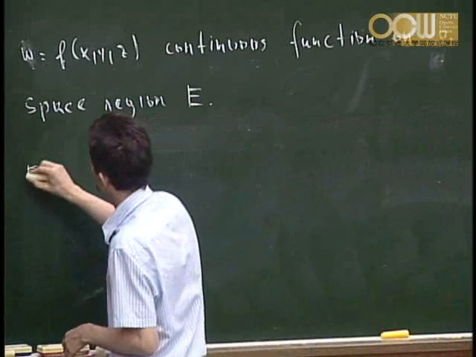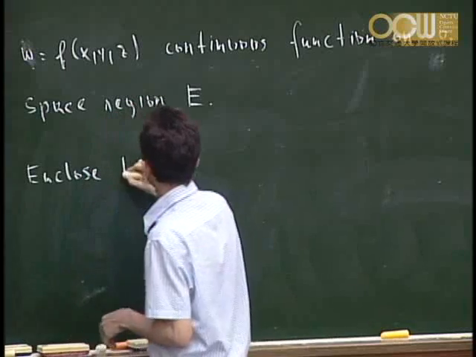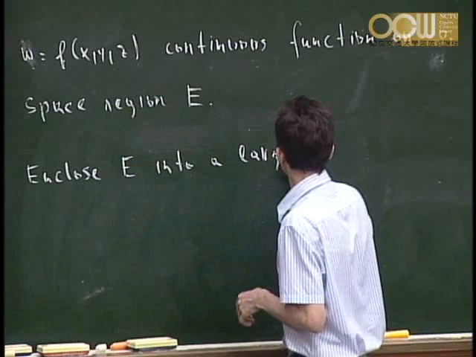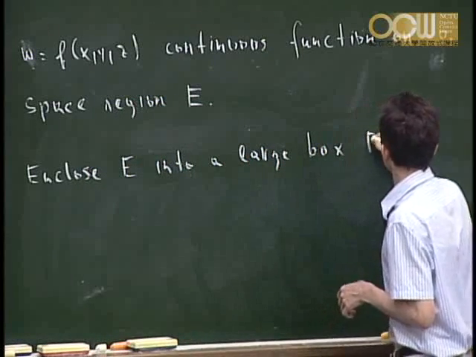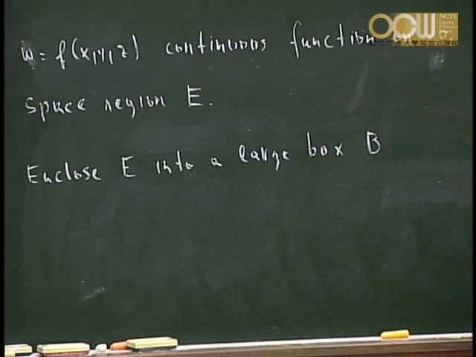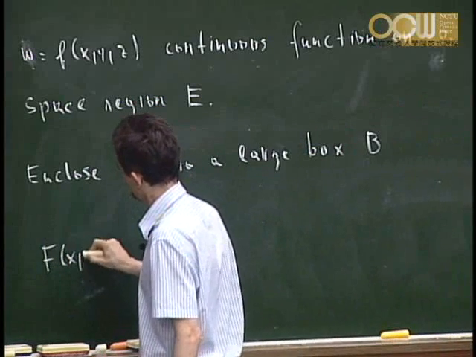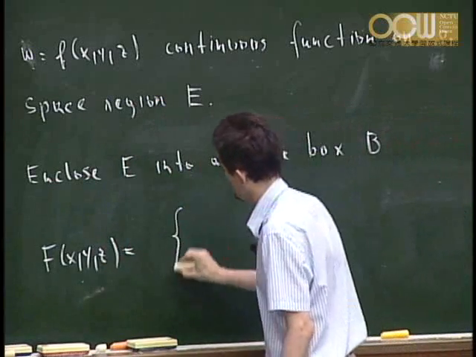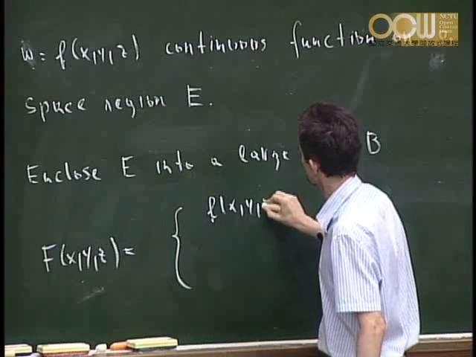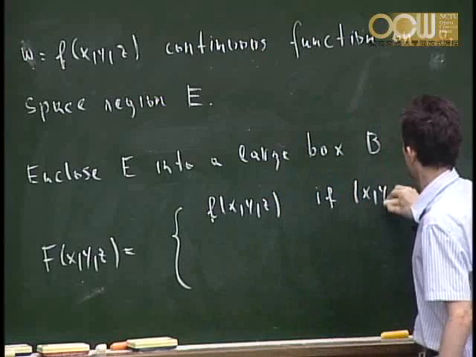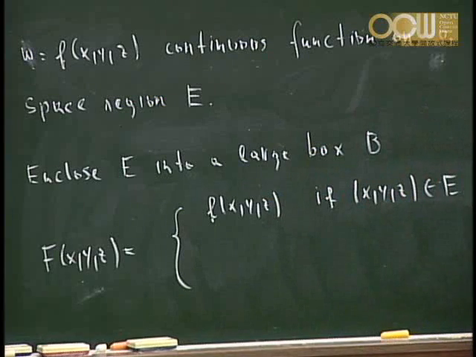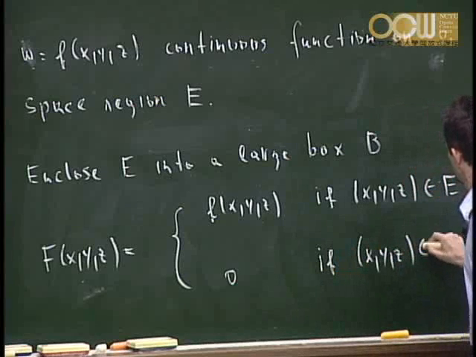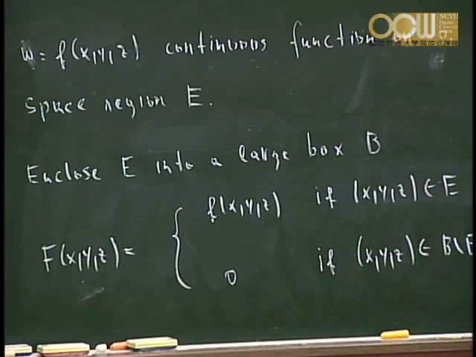So enclose E into a large box. And then define a new function, capital F of x, y, z, as the original function f of x, y, z if x, y, z is in E, and 0 otherwise.